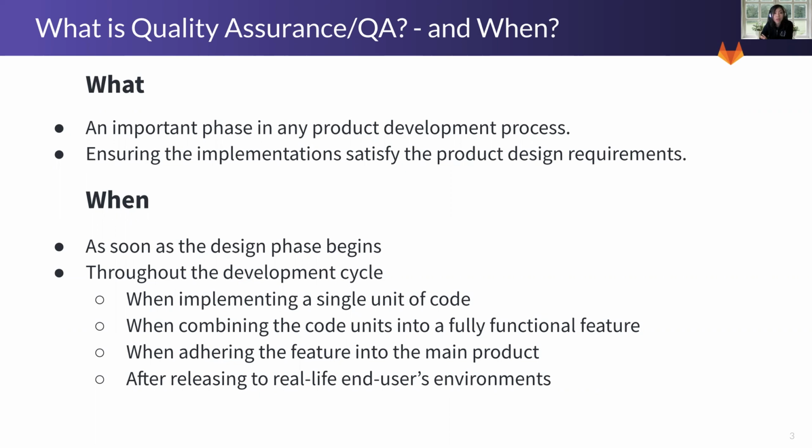After we have created all the units of code needed for a fully functional feature and we combine them, we will introduce a test for that feature itself. Then we will add that feature into the main product, and we will need tests to make sure that the introduction did not break the product. The product works as it did before, along with the newly implemented feature.